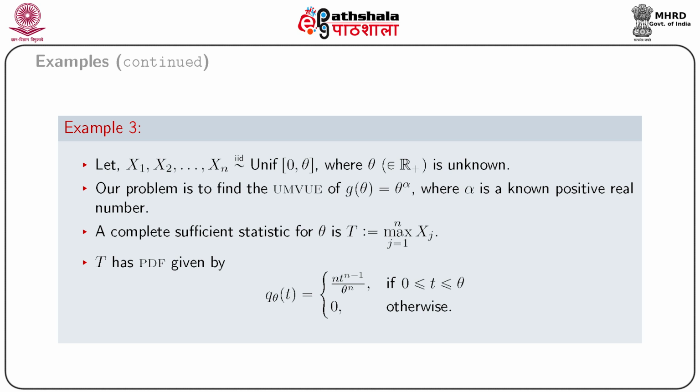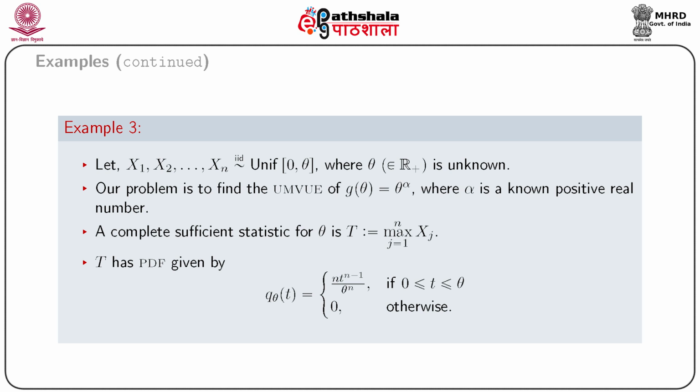Suppose X1, X2, up to Xn is a random sample of size n drawn from a rectangular distribution with parameter theta, where theta greater than 0 is unknown. Suppose we want to find the UMVUE of theta to the power alpha, where alpha is a known positive real number.